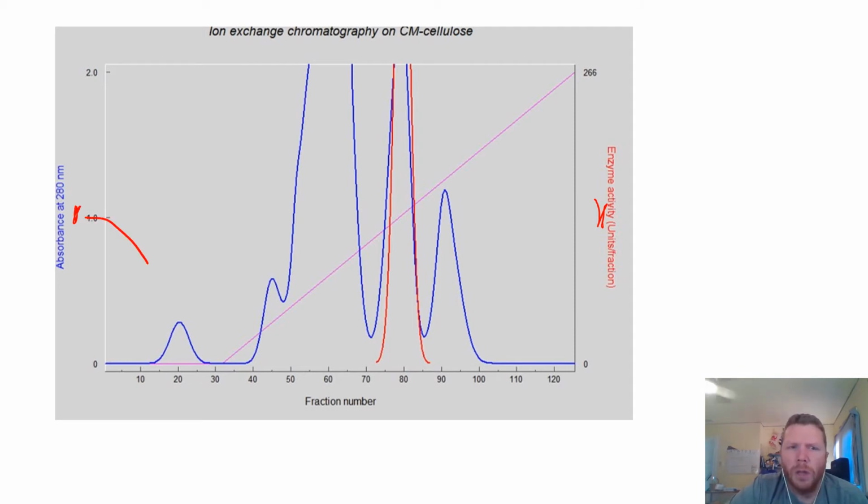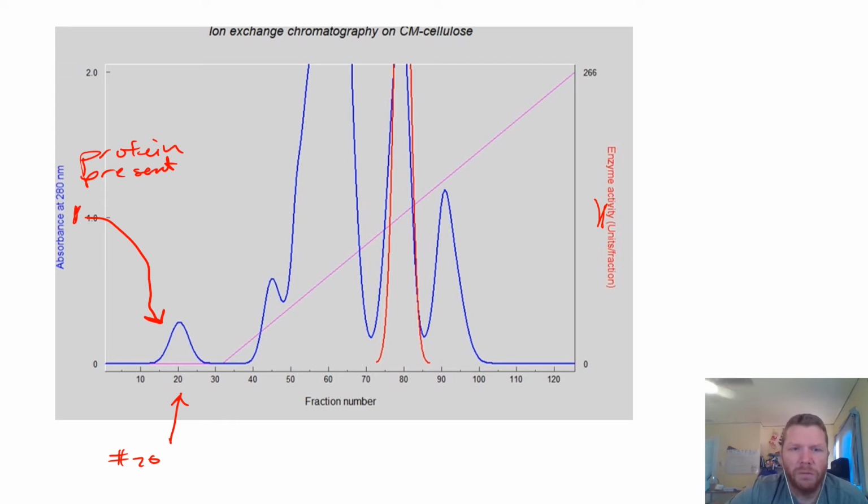So this blue line tells you that, yes, indeed, there is protein present. In this fraction number 20, looking at my y-axis, yes, there's protein there.